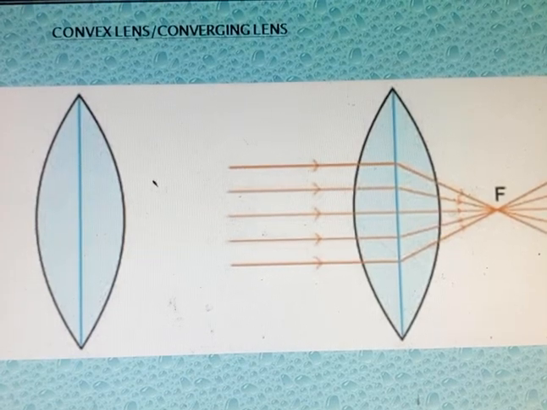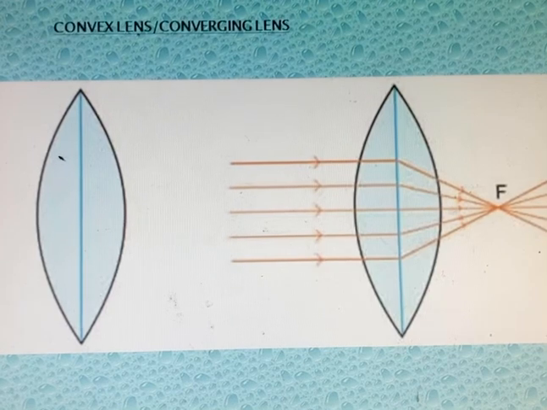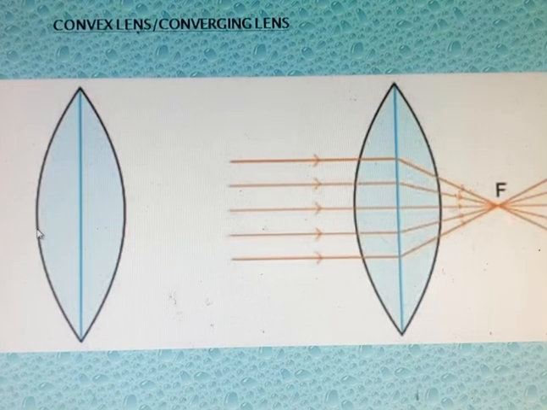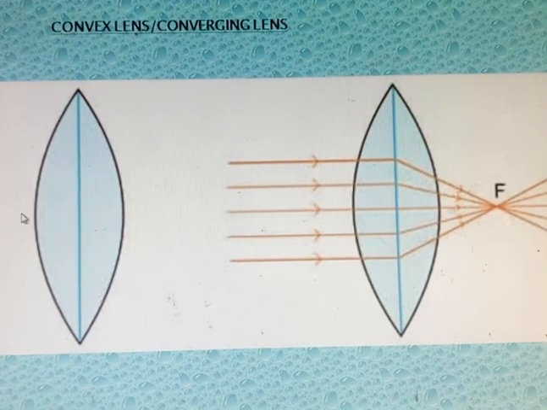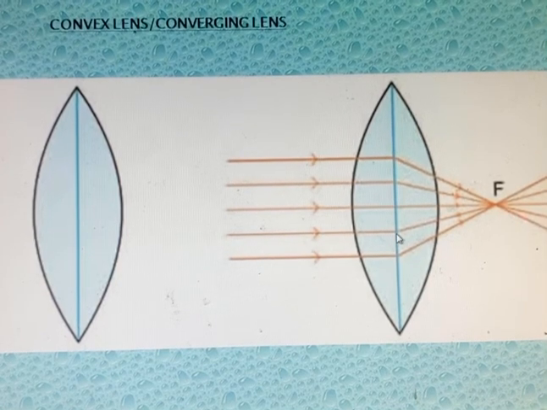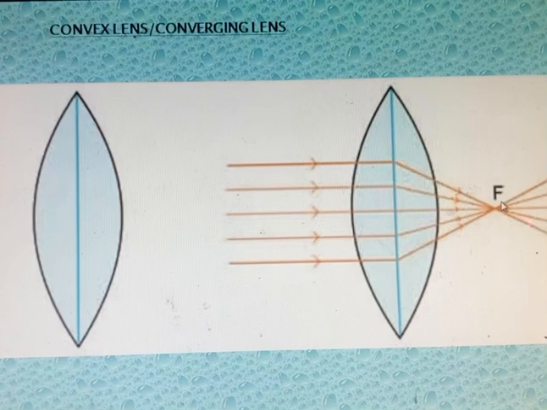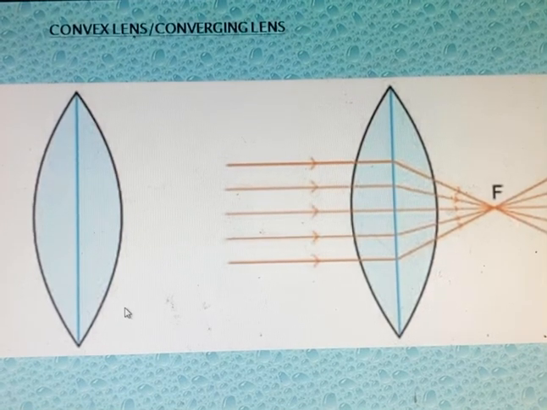Yes, of course, I know that you already learned that refraction is when light rays enter from one medium to another medium, the light rays change their direction to a certain point. That is called refraction.